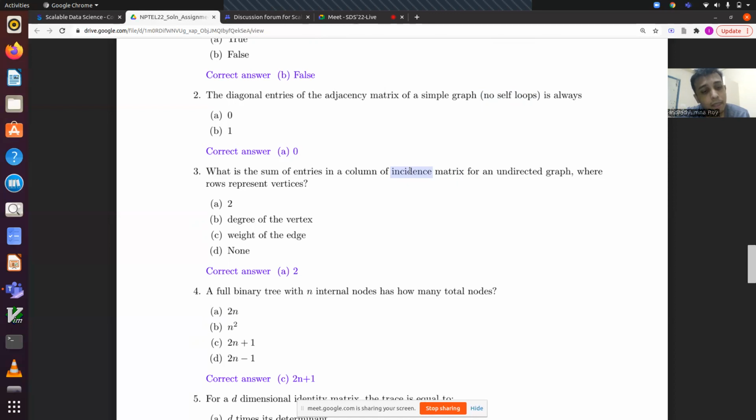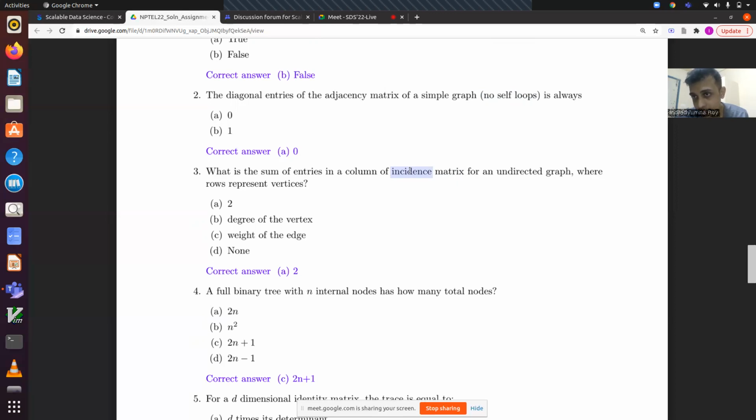Now let's say you take node 1. The graph has 10 edges and 3 of them are incident on node 1. So 3 of the 10 edges in the graph start from node 1.